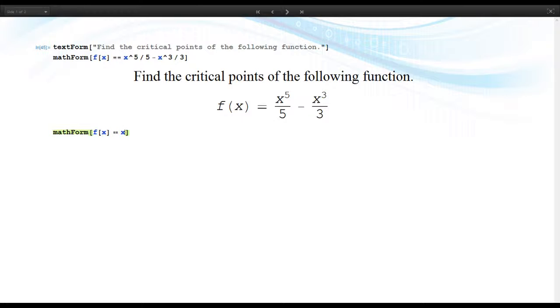So that gives us x with the denominator will cancel with that coefficient of 5. And then we subtract 1 from the power, leaving x to the fourth. The power rule on the second term gives us x squared, same way that the derivative of the first term gave us x to the fourth.